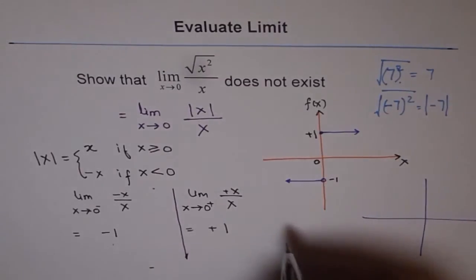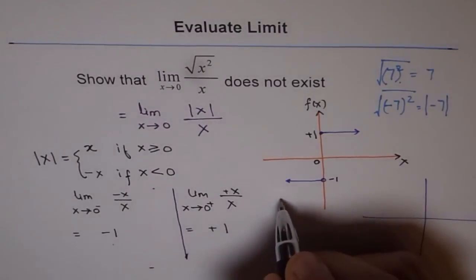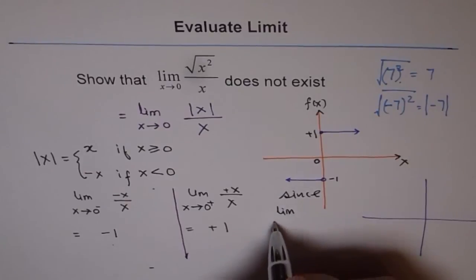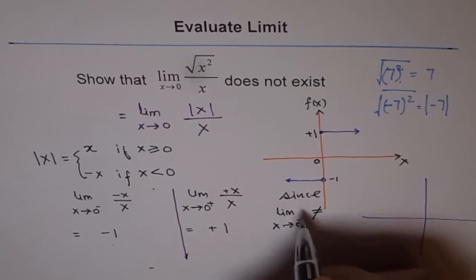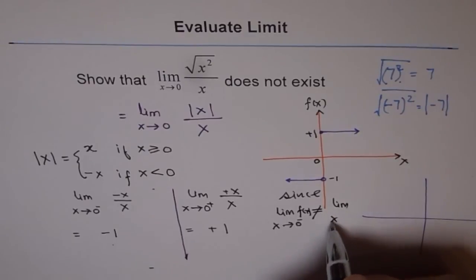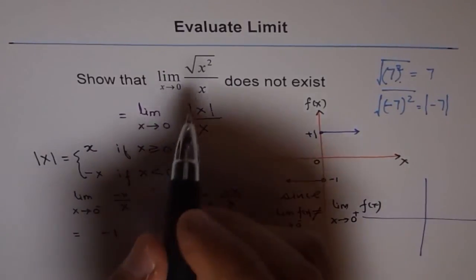Since these two limits are not the same, the limit does not exist. Do you understand? So the reason is, the limit as x approaches 0 from the minus side of the function is not equal to the limit as x approaches 0 from the positive side of the function, and the function is this, right?